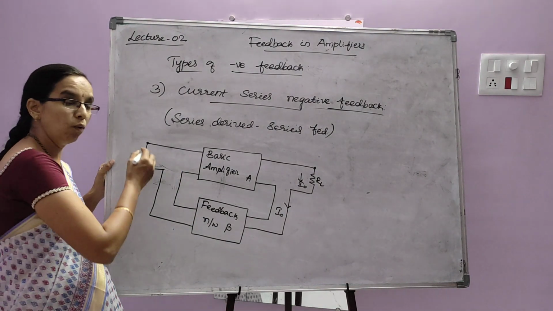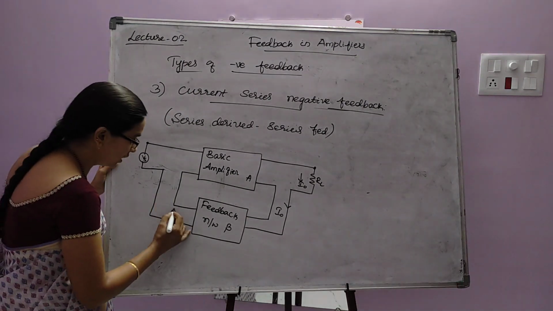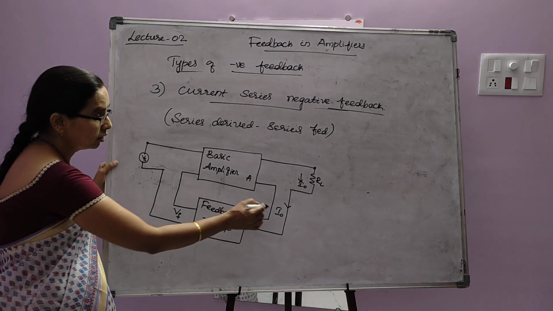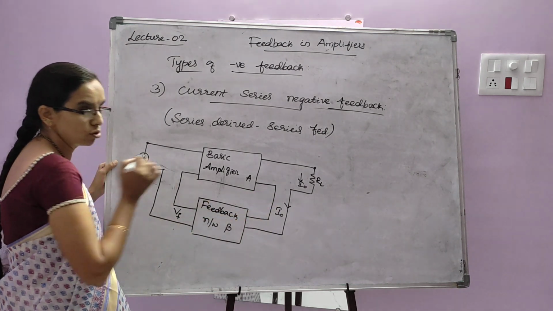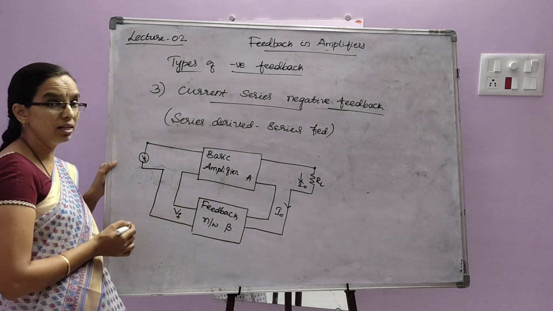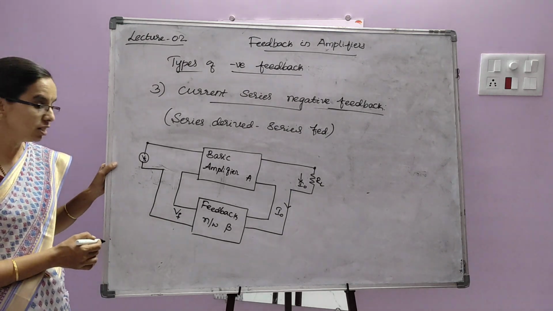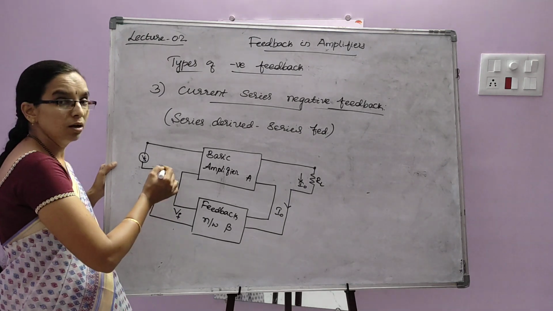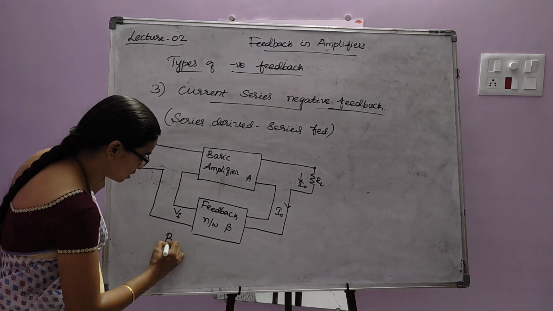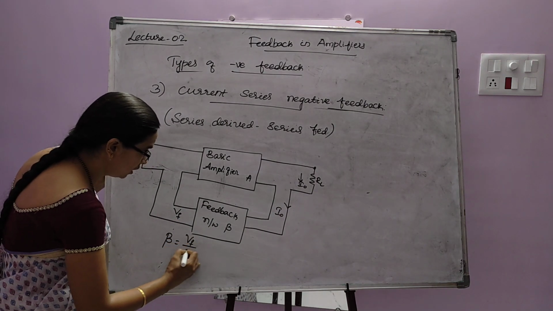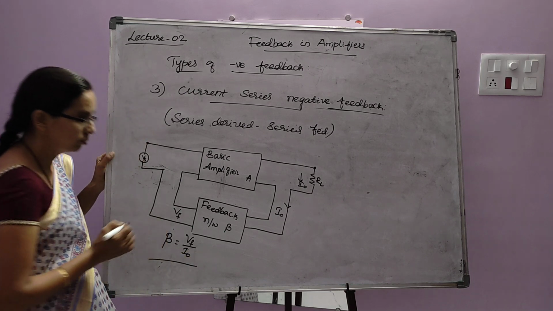Series in the sense voltage will be adding up in series. Whenever the output current flows through the feedback network, the proportional voltage, feedback voltage, is fed back to the input. So here beta is equal to Vf by I naught.